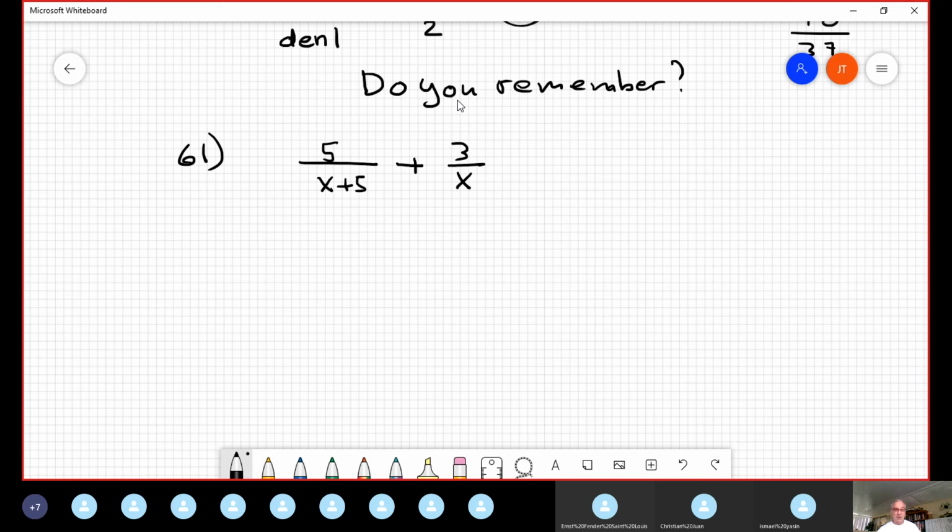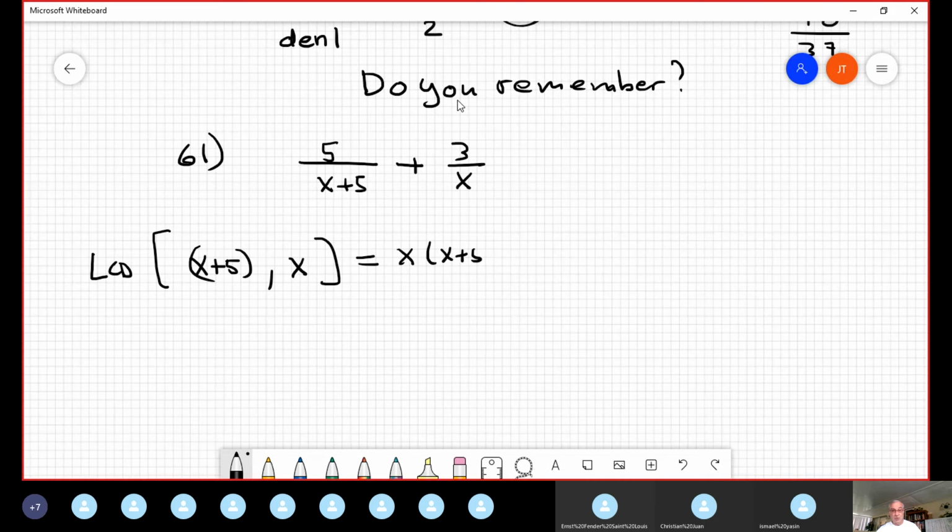You consider that x plus 5 is one factor and x is another factor. They are non-repeated, so you take both. When you condense this into one fraction with the long line, you put in the bottom x times x plus 5.